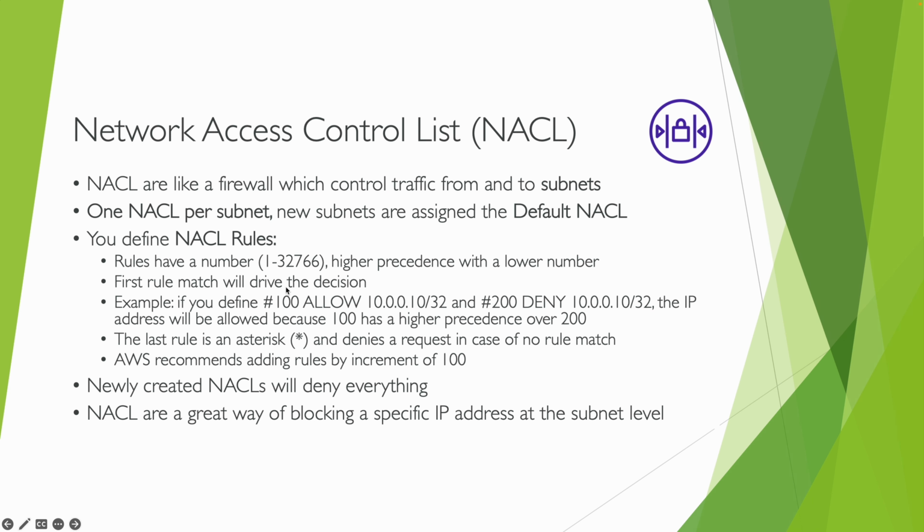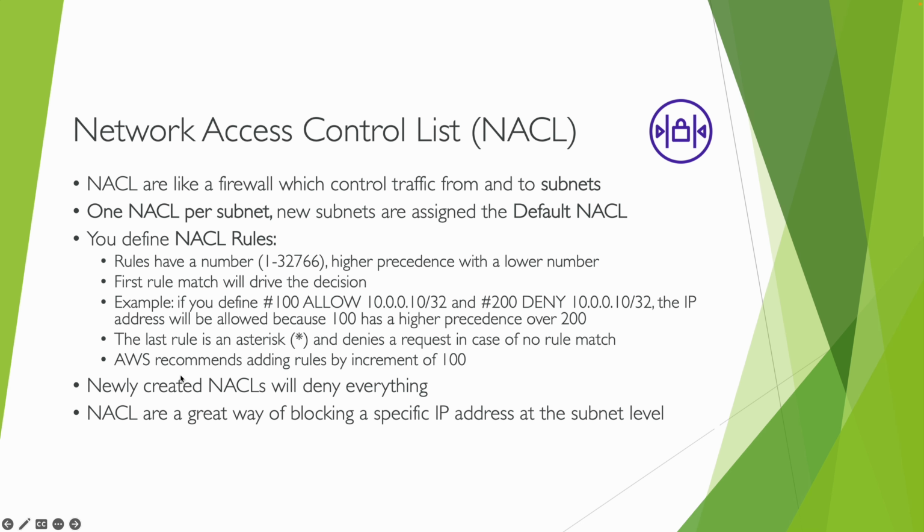It checks in sequential order, finds that this CIDR is allowed, and it won't go to the next rule and deny it, because that has the higher number. The last rule is an asterisk, which denies all requests in case no rule is matched. So if you give star, it denies all the requests.